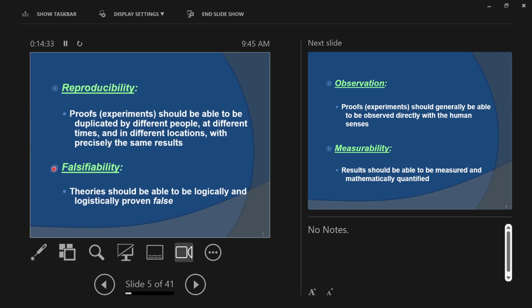So, the goofy example they give in the textbook, if I say the moon is made of green cheese, okay? Is that falsifiable? Yeah, right? What do you have to do to falsify what I just said? You have to prove what the moon was made out of. Go to the moon, get some moon stuff, and bring it back to me, right? Show me that it's not green cheese, right?